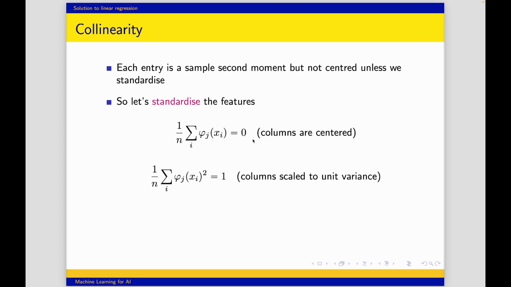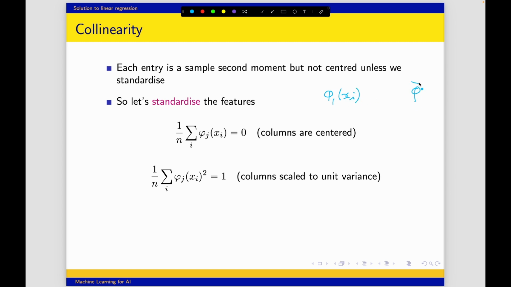We can standardize the features in the following way. So we do this part here by dividing by the sample standard deviation. So if we have, let's say, psi1 of xi, right?